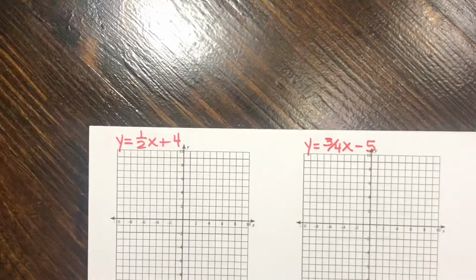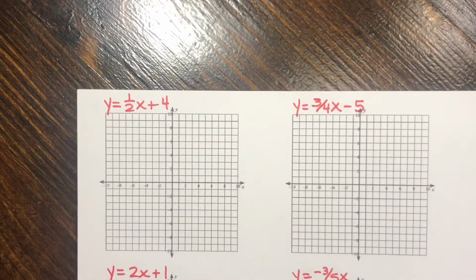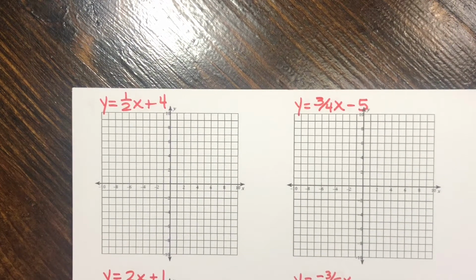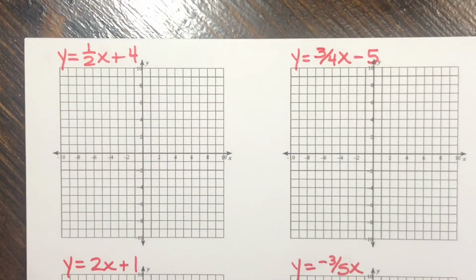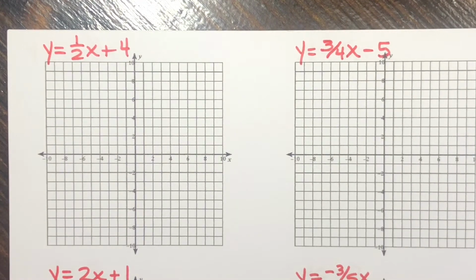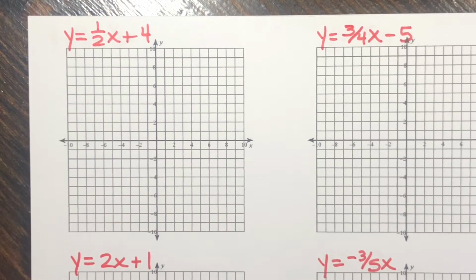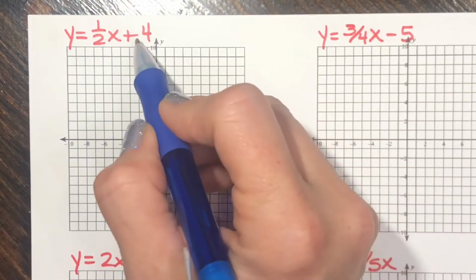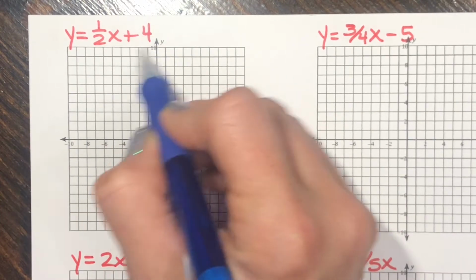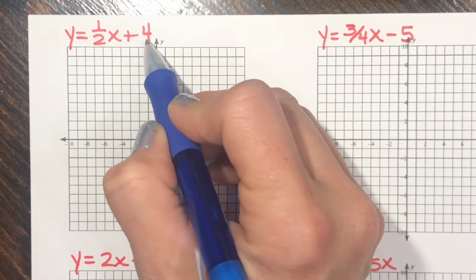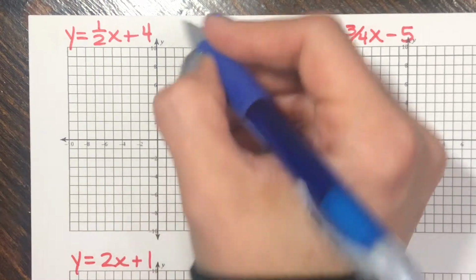So I want to take a look at each line individually. So I'm going to zoom in a little bit here so we can just focus on these two examples first. The first example says, graph the line y equals 1/2 x plus 4. If we were thinking in terms of word story problems, we would think, I'm starting with $4 and I'm saving 50 cents each week.